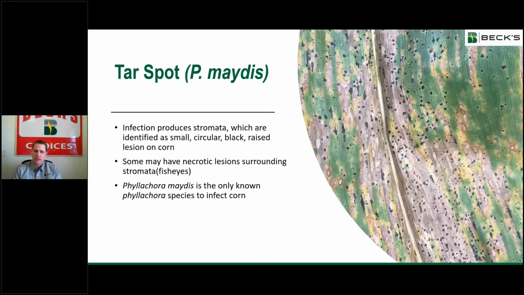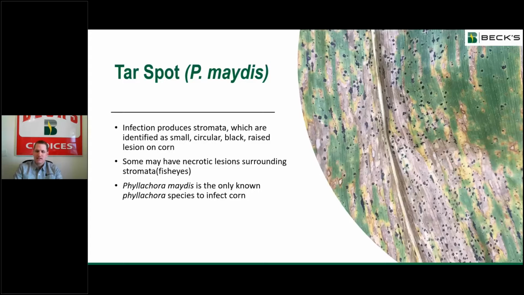Now, in the United States, we can see the black lesions on their own like the picture, or we can see them with the fisheye lesions, either way. But through labs and through identification, it's only been observed that we have the Phyllachora maydis strain. And we are seeing significant yield loss from just the one strain.